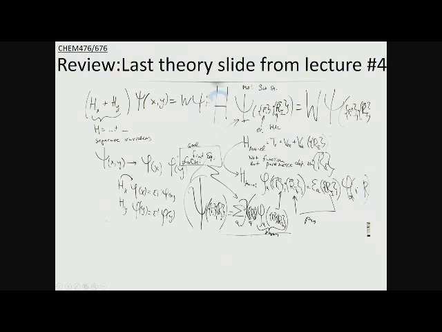Those unknown coefficients do depend on the positions of ions. And our task for the last meeting and for today is finally to get an equation for these unknown coefficients, which can also be interpreted as nuclear wave functions.